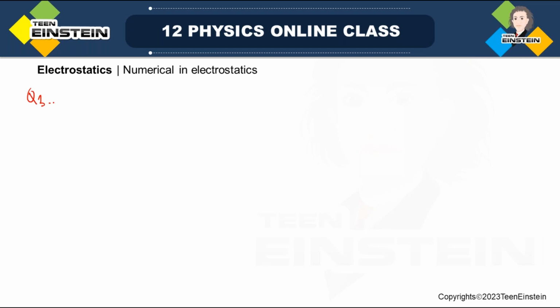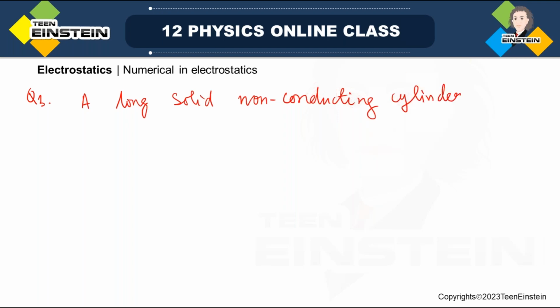A long solid non-conducting cylinder, a long non-conducting cylinder of radius capital R.